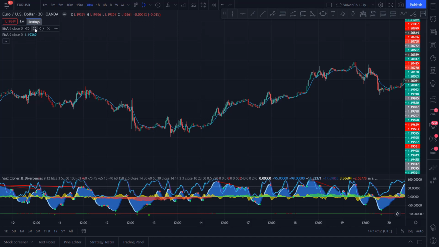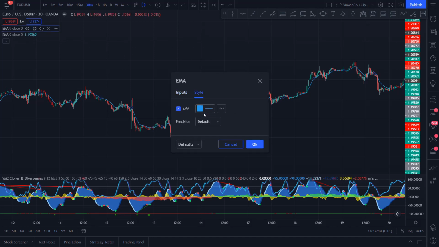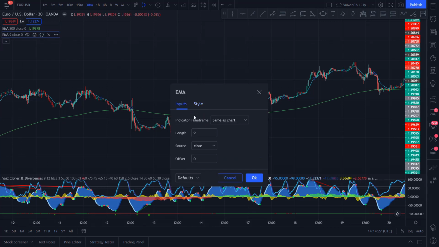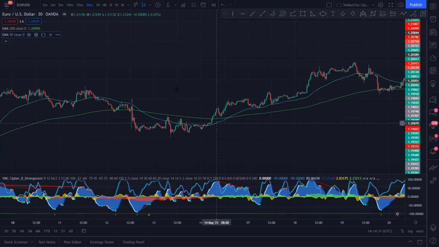Okay, let's go over the settings. So for the settings, we are going to set the first one to 200, and I'm going to color it to green. You can color it as you like. And the second one, we are going to set it to 50 and click OK.